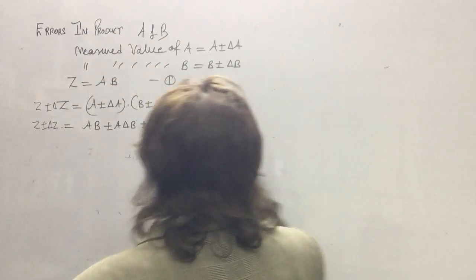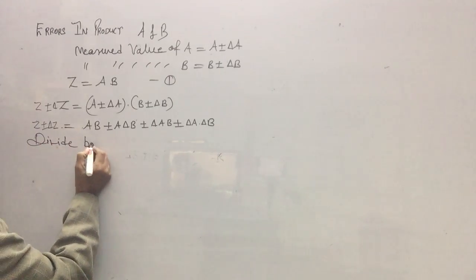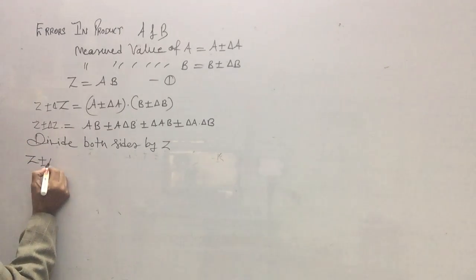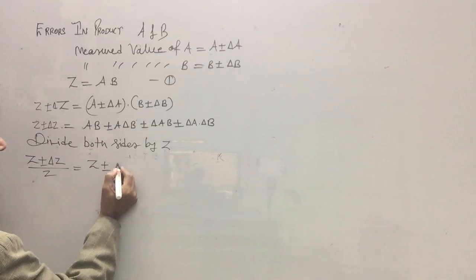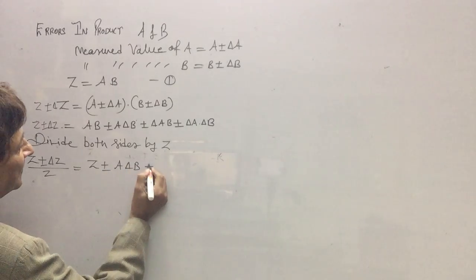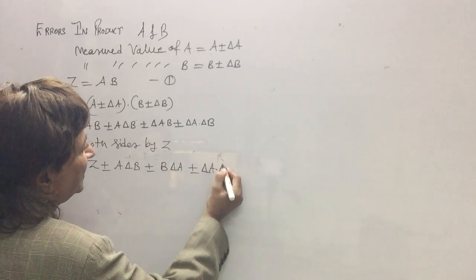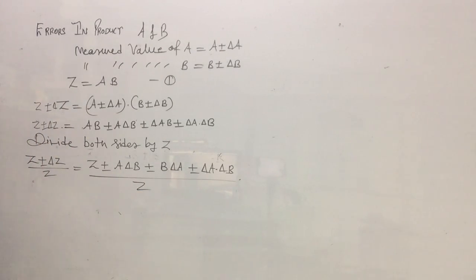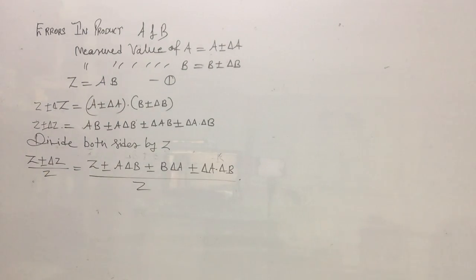We divide both sides by Z. So (Z plus minus delta Z) upon Z equals AB, which is Z, plus minus A delta B plus minus B delta A plus minus delta A delta B, divided by Z. Make sense, students? Is it clear?